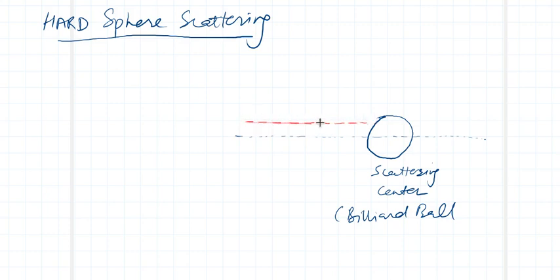As the ball hits at this point, it will go in this way, and say this is the center. If it is the center, then this is the normal. It will deviate from here like this.